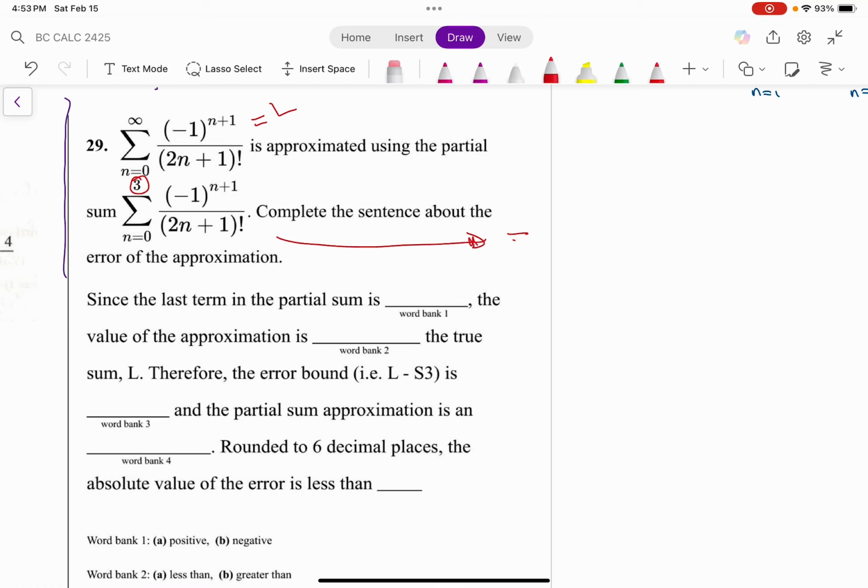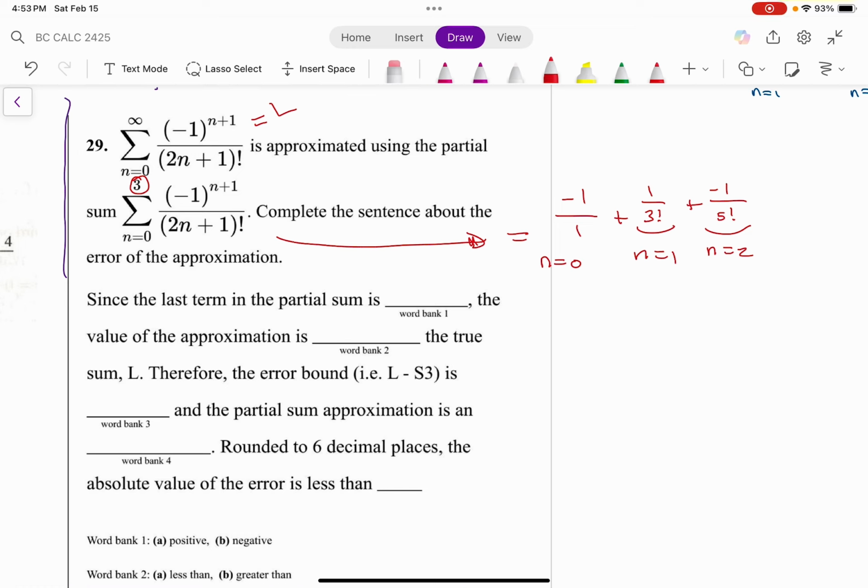If n is 0, then we get -1 over 1. And if n is 1, we get +1 over 3 factorial. And then if n is 2, we get a negative again, so we get -1 divided by 5 factorial.